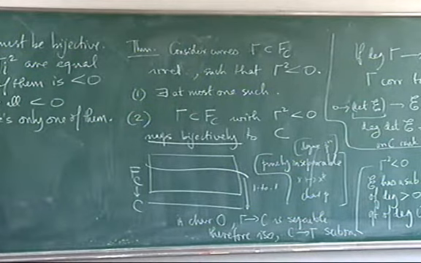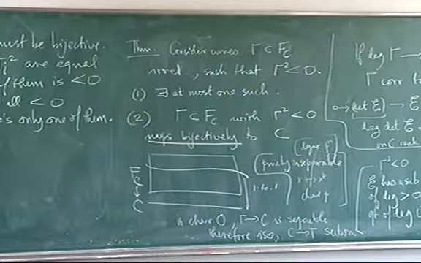If we ignore that point, in other words, if we go to characteristic 0, then this point just completely disappears.